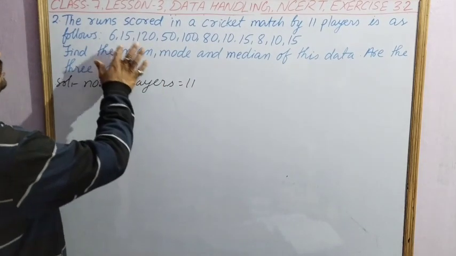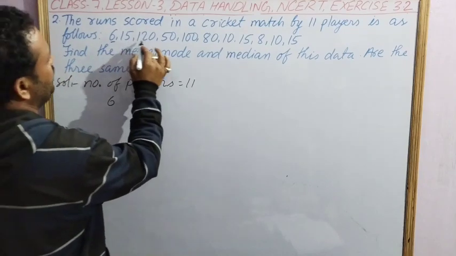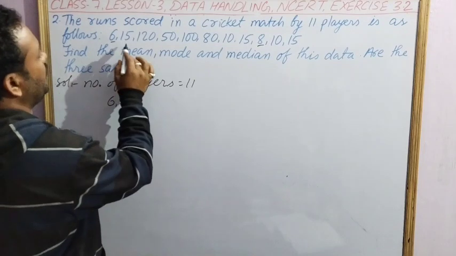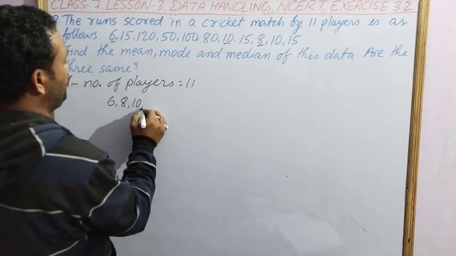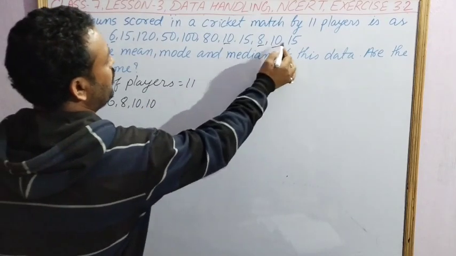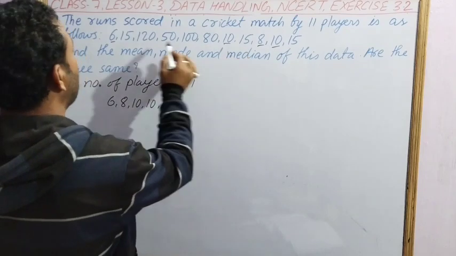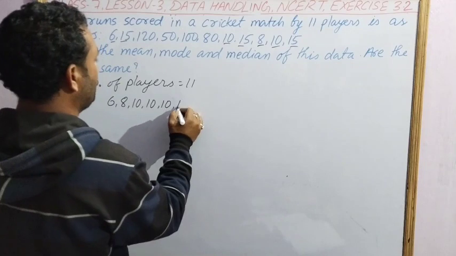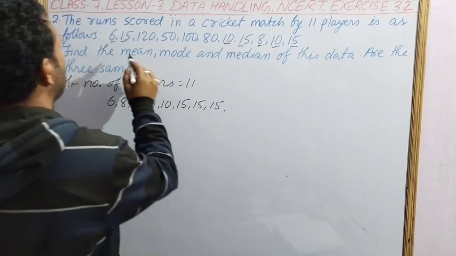Starting, the smallest run is 6, then after 6 we have 8. After 8 we have 10. We have 2 tens, two players have scored the same, 10, 10. Then after 10 we have 15, 15, 15, 3 times.